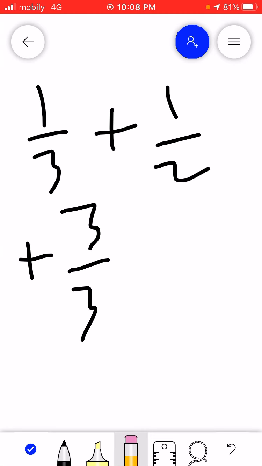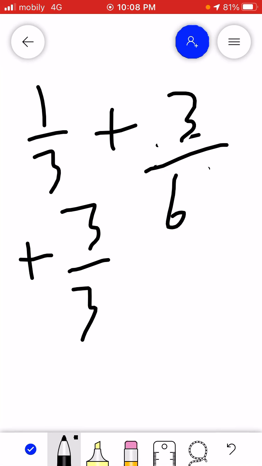So let's just do it as 3 over 6. This is what we need for now.